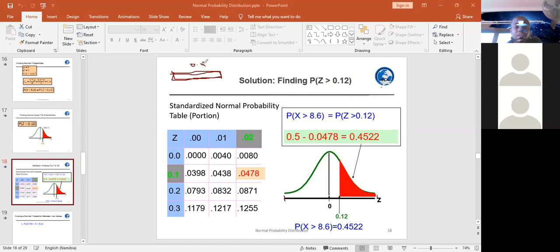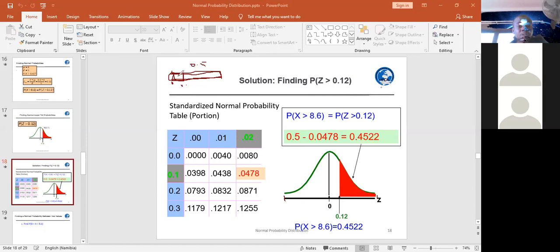Now, in this case, we are saying the ruler is reading somewhere at 0.12. Now we only have what we get from the table, which is this part only of a ruler, of which we know the ruler is 0.5.